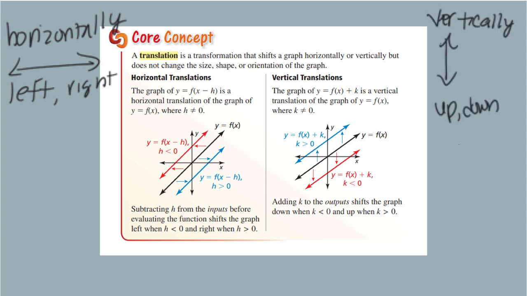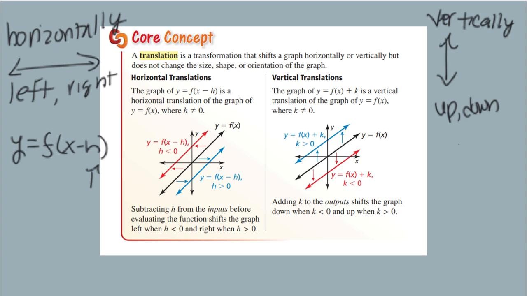So when it's a horizontal translation, the graph y equals f of the quantity x minus h, correct? So in a way, think of h as being what? Horizontal, correct.